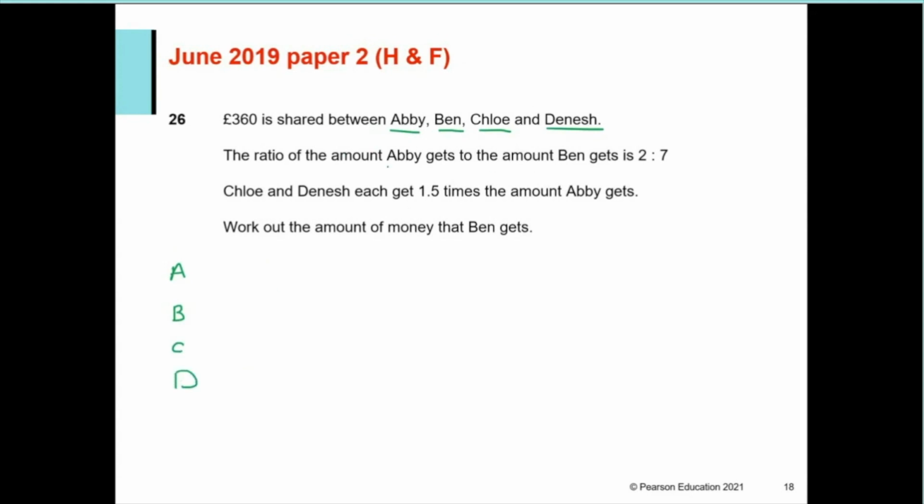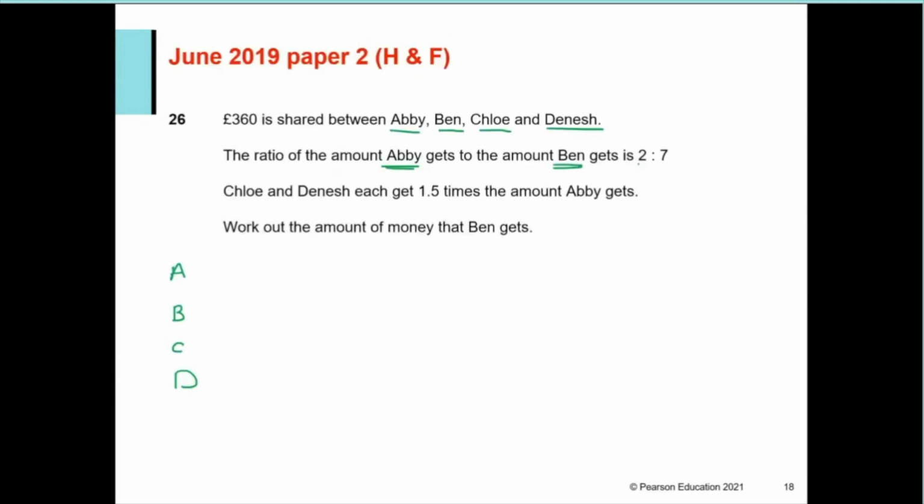I can see that the ratio of the amount Abby gets to the amount Ben gets is 2 to 7. So I'm going to draw that. 2 boxes for Abby, and 7 boxes for Ben.